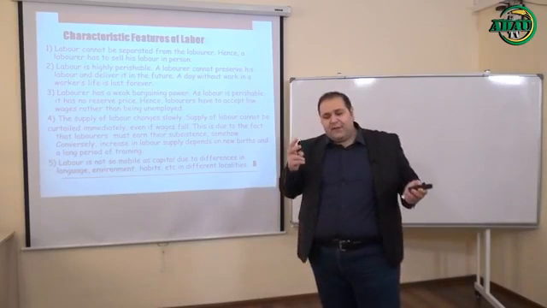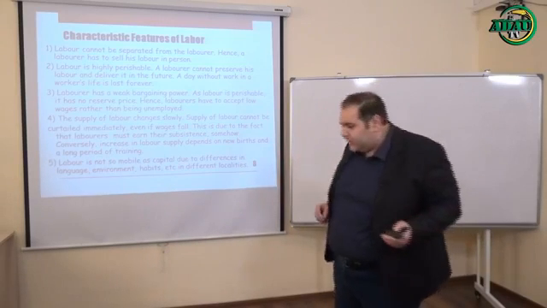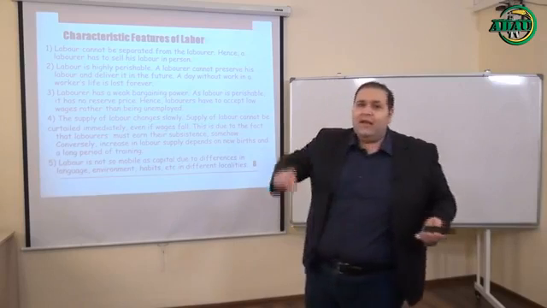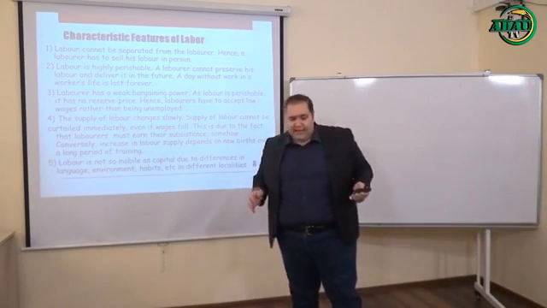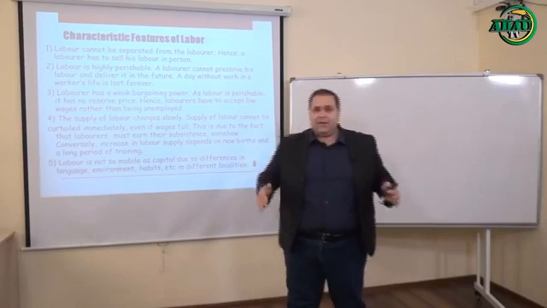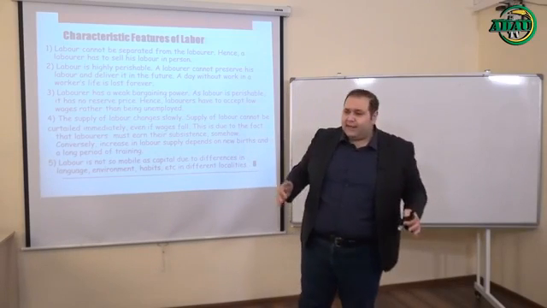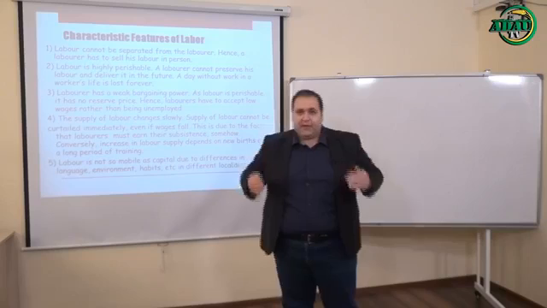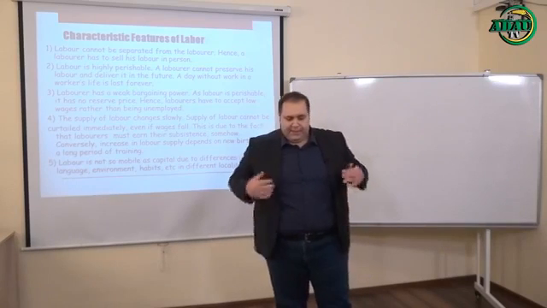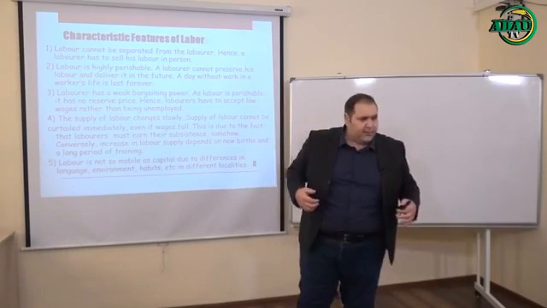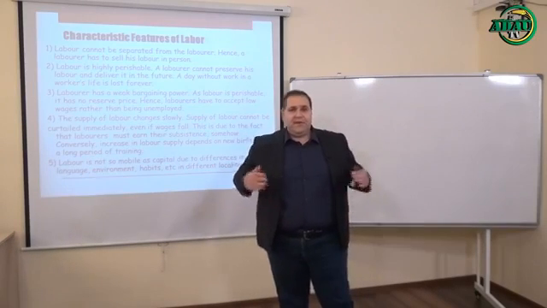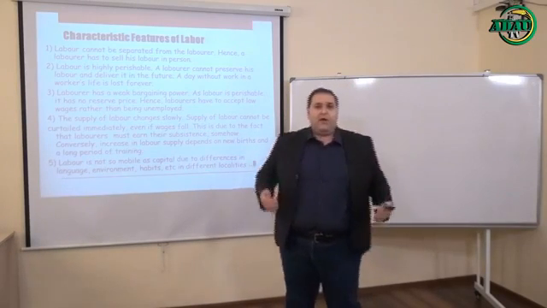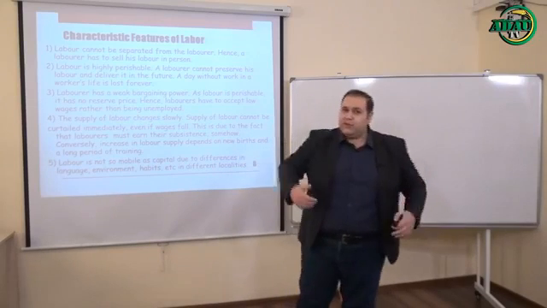The second advantage of the division of labor is that it increases productivity. Ten people, the same educated people, the same labor, are only producing, for example, tomatoes, and every year they get maybe 1,000 tons.